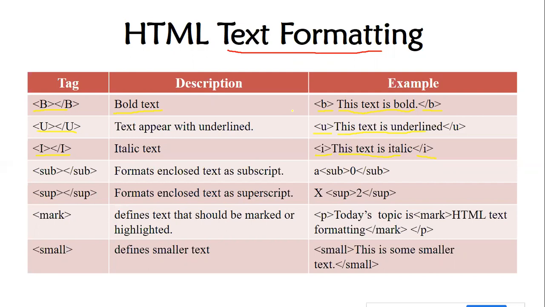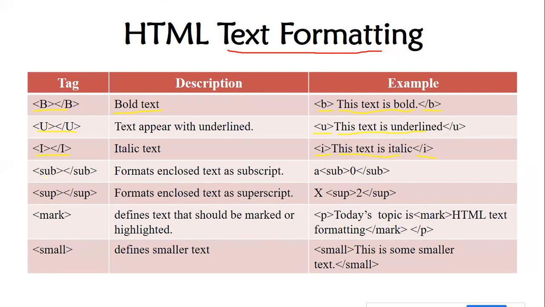Okay. So from text formatting, we completed the first 3 tags. In the next sessions, we will complete the marquee tags. So let us continue with the subscript and superscript text formatting tags.